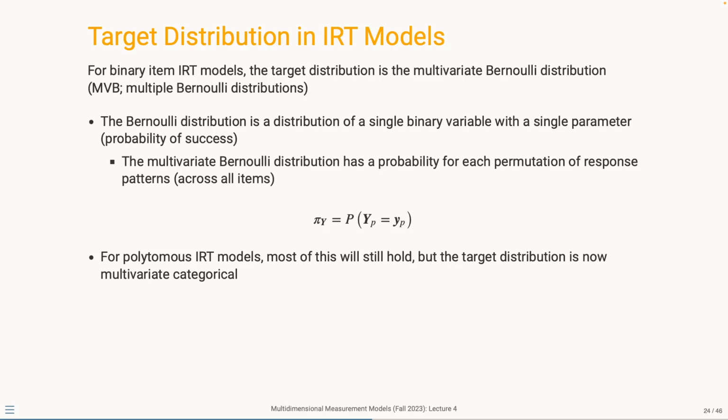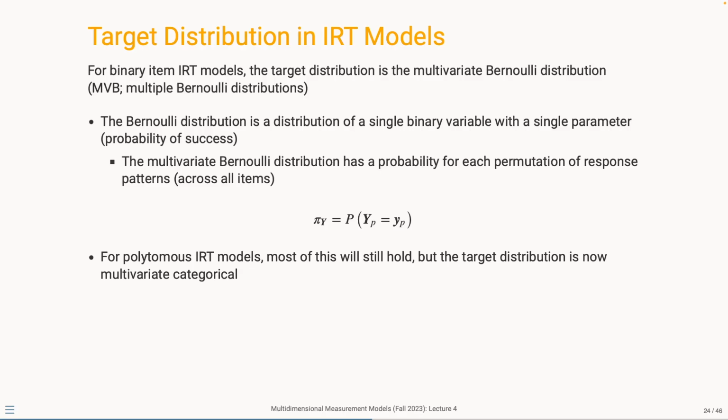Think of it this way. In CFA, we made the assumption that everything's continuous and everything's normal and we're all super happy, and we can almost always get model fit. Why is that? The set of parameters we have does not exponentially increase the number of parameters in our target model.